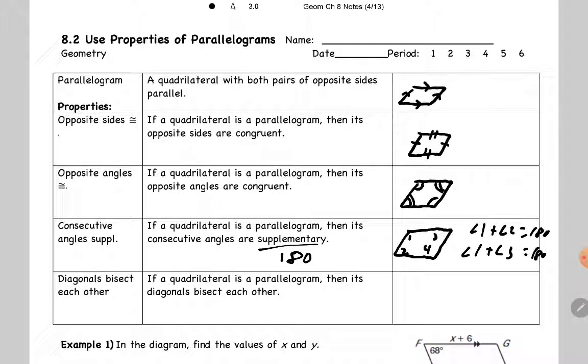Angle 1 and angle 4 would be the same. Angle 2 and angle 3 would be the same because those are opposite angles. Angle 3 plus angle 4 would equal 180. And angle 2 and angle 4 would equal 180.